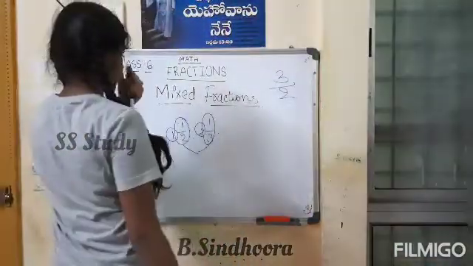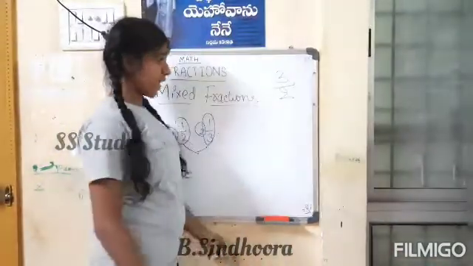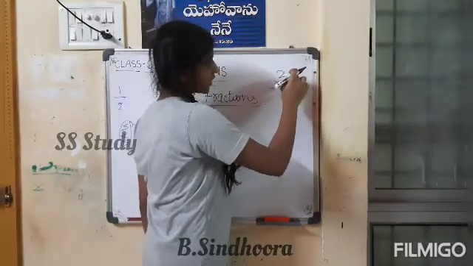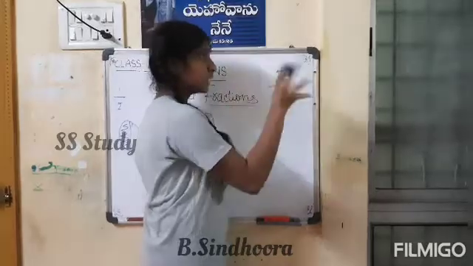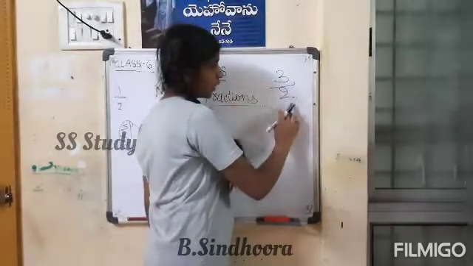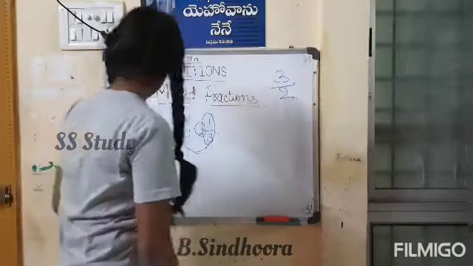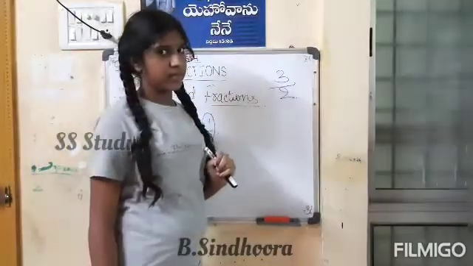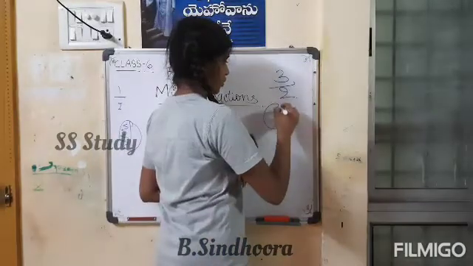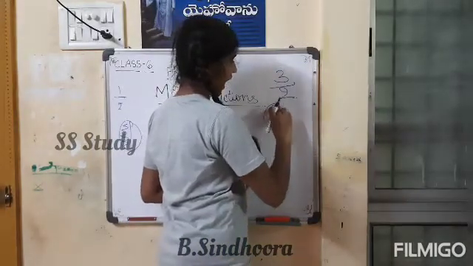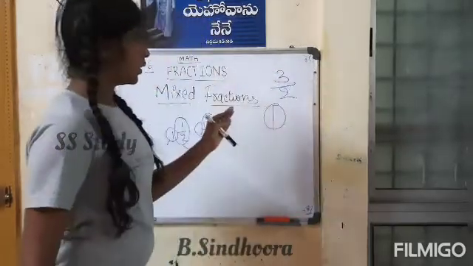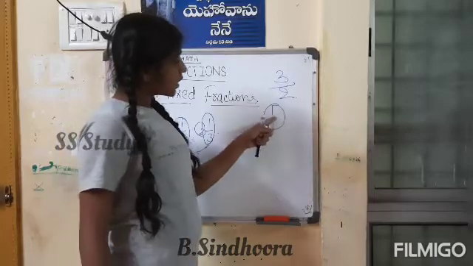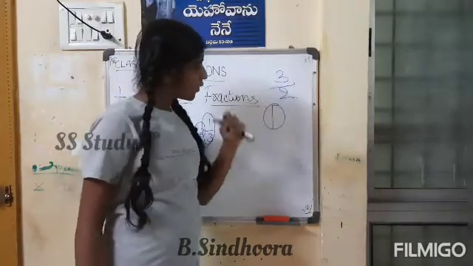How? It's hard, right? It's very easy. You can't share 3 parts in 2 equal parts of a circle. How will you share 3 parts in these 2 equal parts?